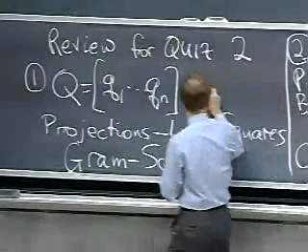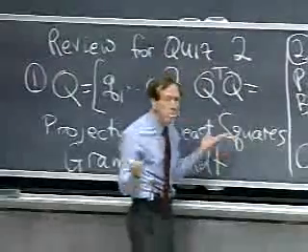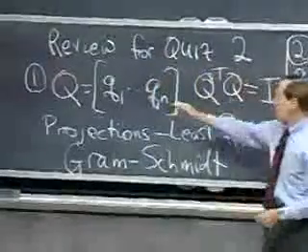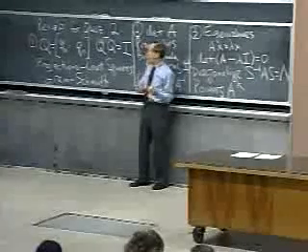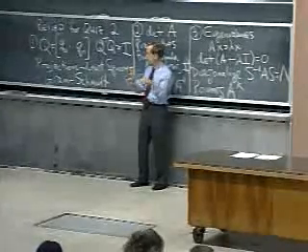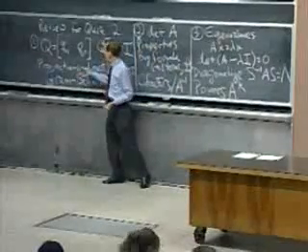It means that Q transpose Q is the identity. So that's the matrix statement of the property that the columns are orthonormal. The dot products are either 1 or 0.